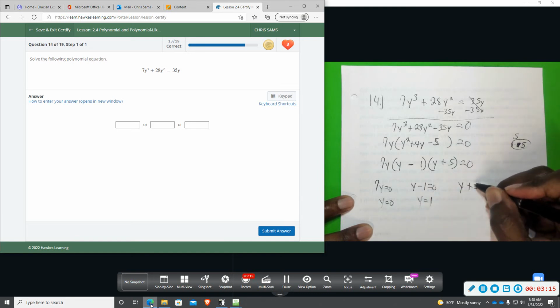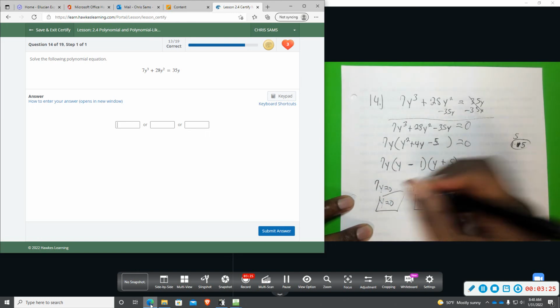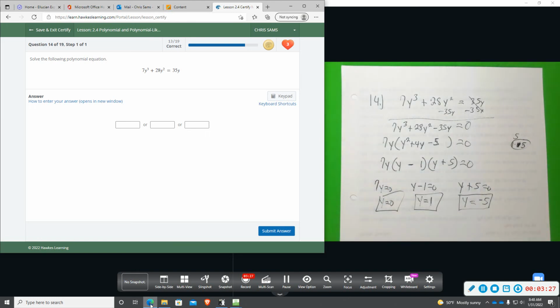And here we would have to subtract 5, do the opposite, and that would give us y equals negative 5. So these will be our 3 zeros: 0, 1, and negative 5.